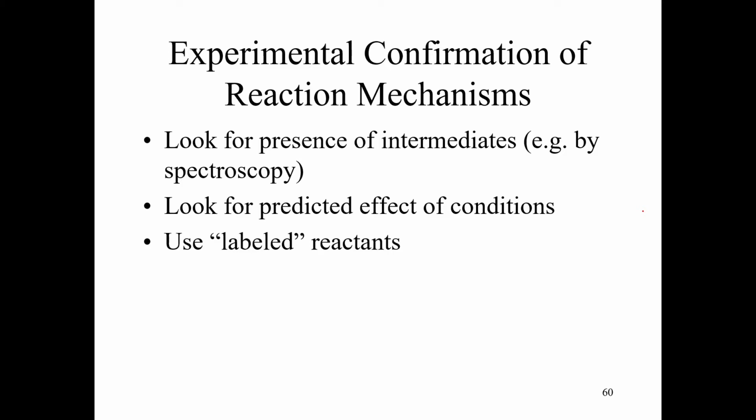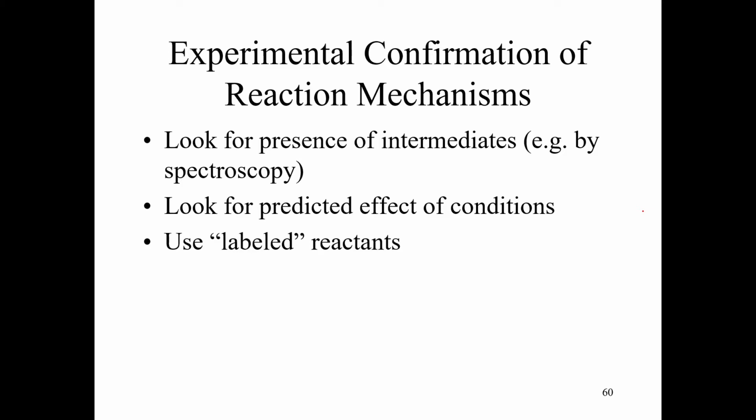Another experimental confirmation is to look for predicted effect of conditions. For example, in some reactions, we propose that there is a step that involves the breaking down of molecular iodine, I2, into individual iodine atoms. Well, we know that this process can also happen simply when we irradiate iodine with visible light.